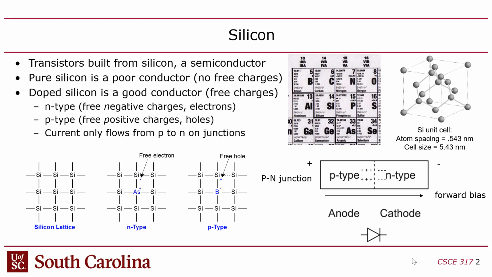if you put a positive voltage on the P side, right? So you have a positive voltage of the P relative to N, and you have a negative voltage of N relative to P, right?